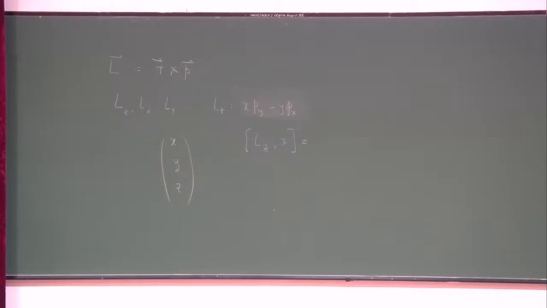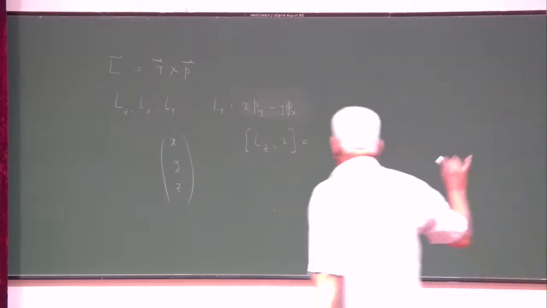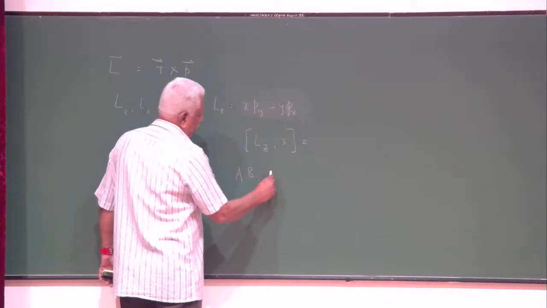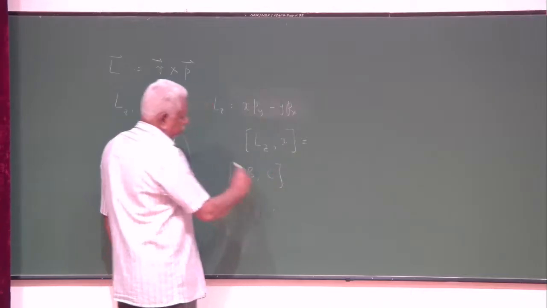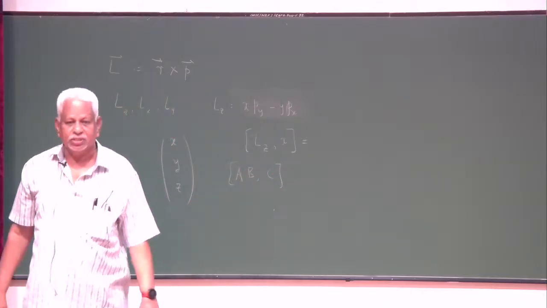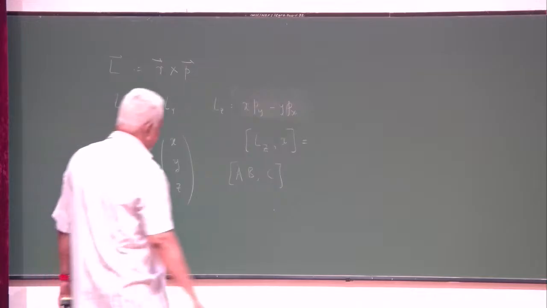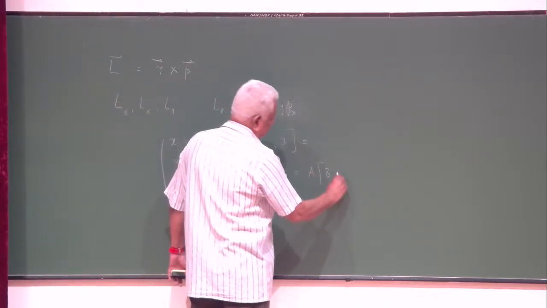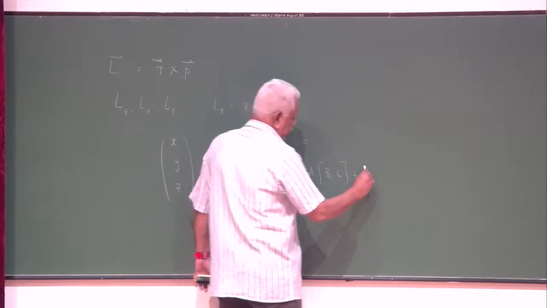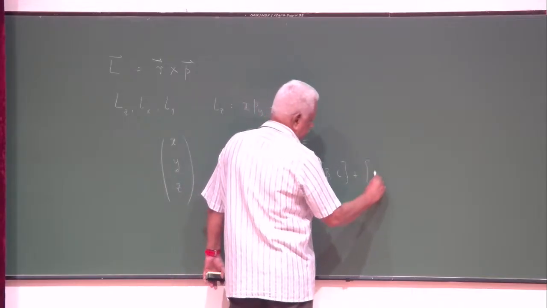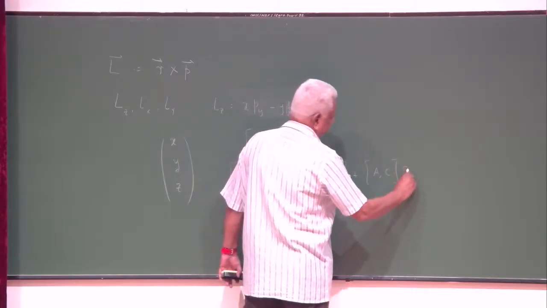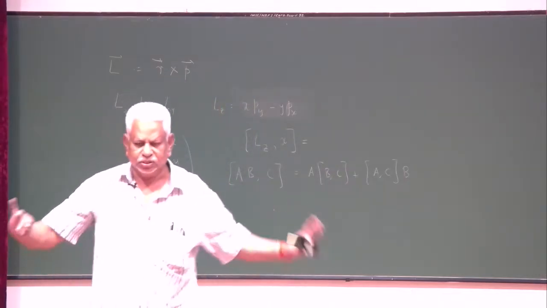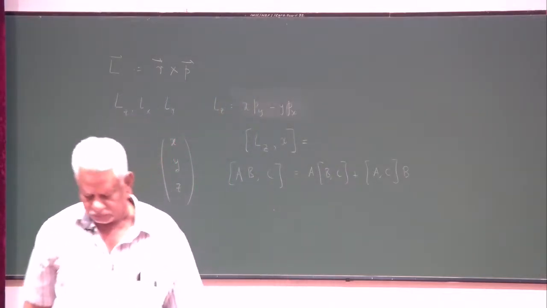Just for your benefit, if I want the commutator of AB with C, what you have to do is this will be equal to A with B comma C plus A comma C with B. That is a matrix formula, nothing to do with physics, simply matrix multiplication.